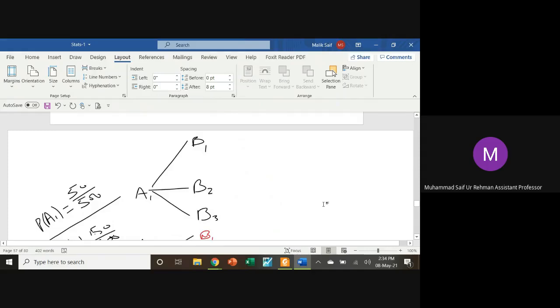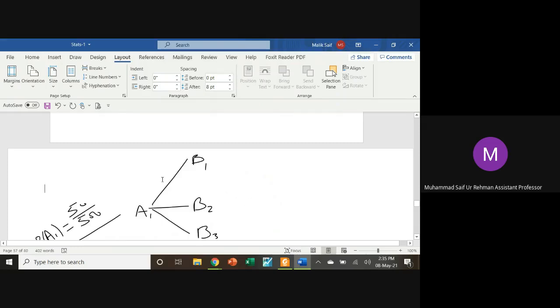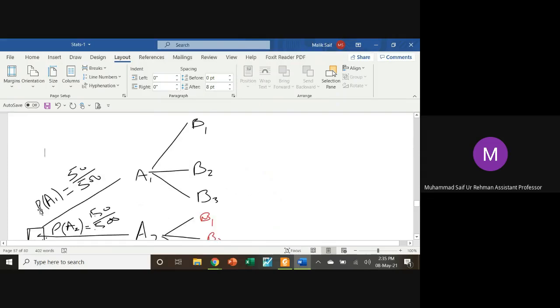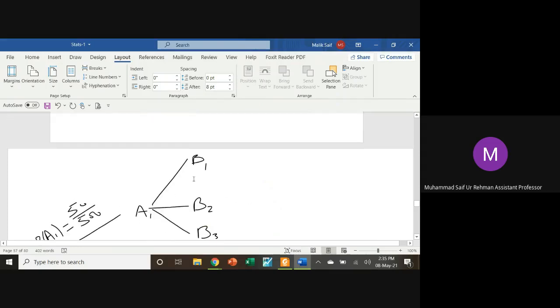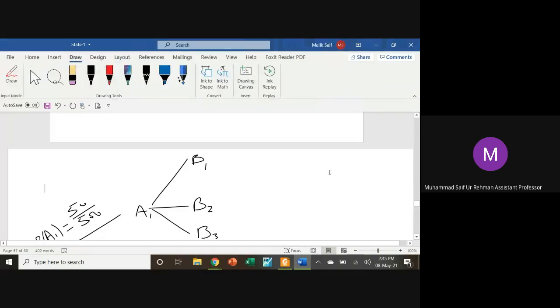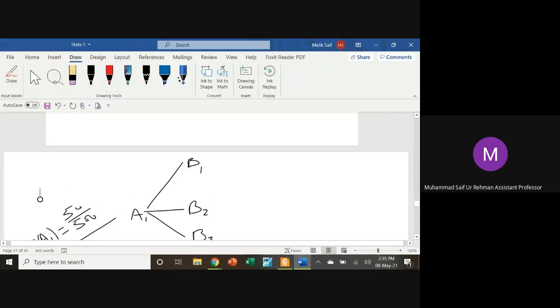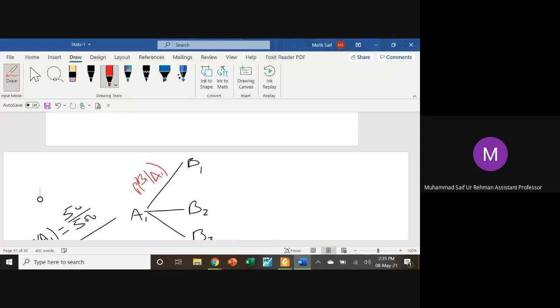Okay. So now what will you write down over here? Initially, A1 was there and you were interested in finding out the probability of A1. Now you are interested in finding out the probability of B1, given that A1 has occurred. So you will write it down as probability of B1 given A1.